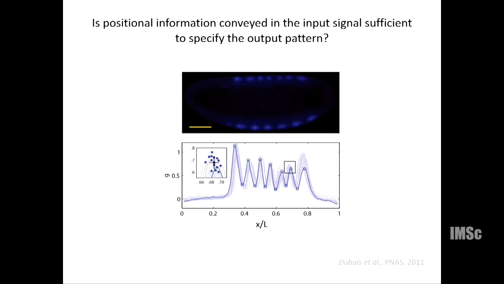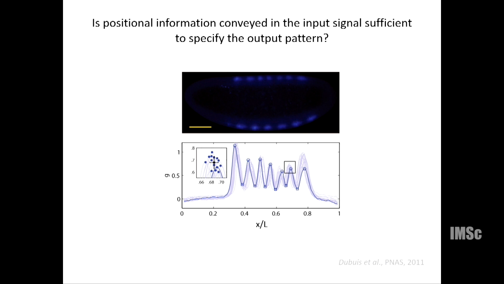But now, like this decoding that we saw in Drosophila, you get the positional error. How is this positional information useful, and can we use it in Drosophila?